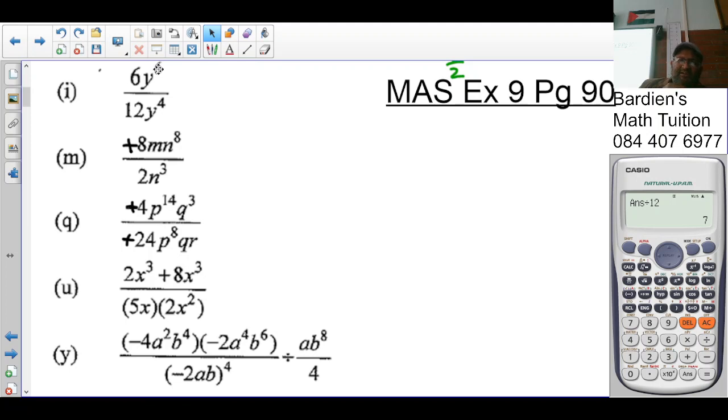The coefficient, not the exponent. Did we ever divide the exponent? No. The exponent is the number, or the coefficient. Yes, you must always simplify. So it's divided by the coefficient.